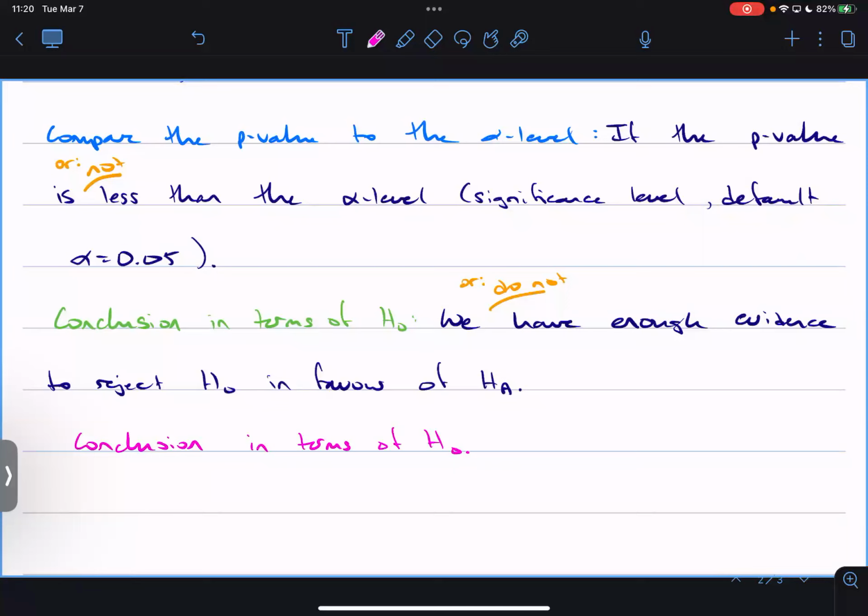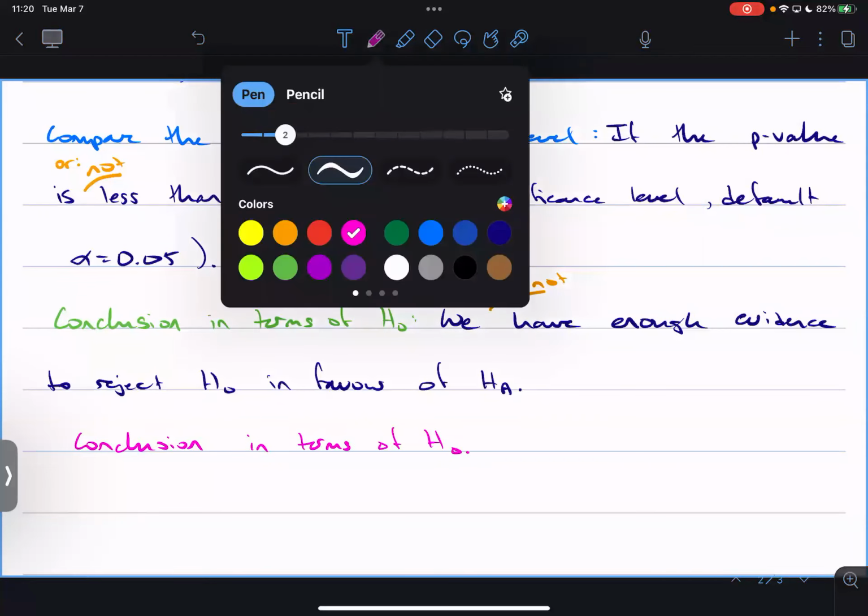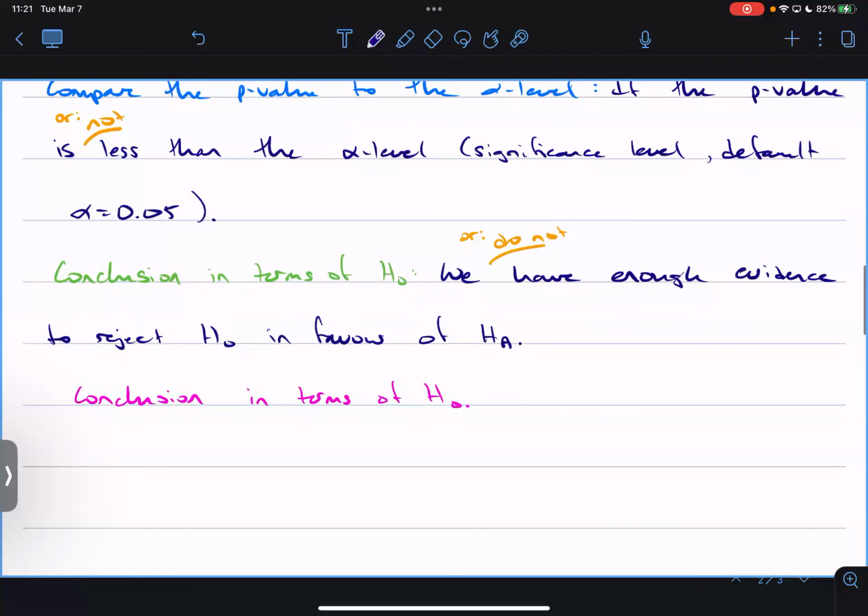So what does rejecting or failing to reject H naught mean in terms of the question? This is where you rephrase the question as an answer, based on your conclusion.